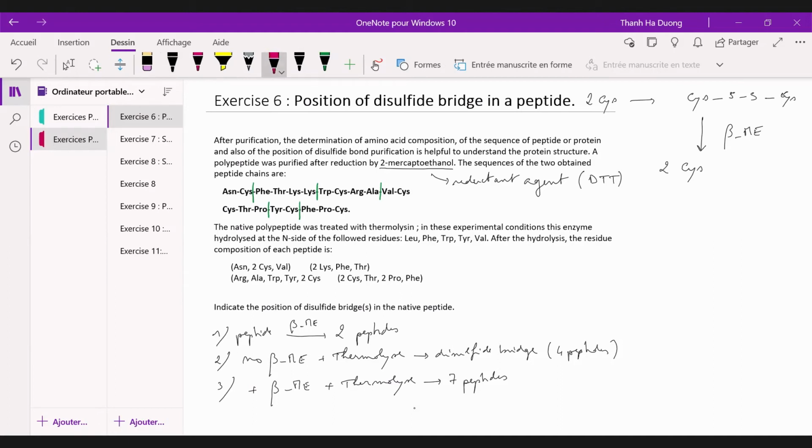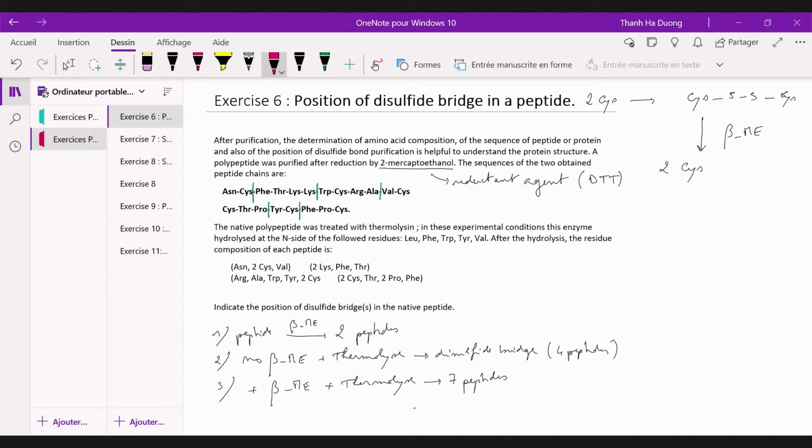Right? So, for example, the first peptide, asparagine cysteine, should be linked with another peptide because in the second experiment, I obtain a peptide whose composition is arginine, asparagine, 2 cysteines, and a valine.